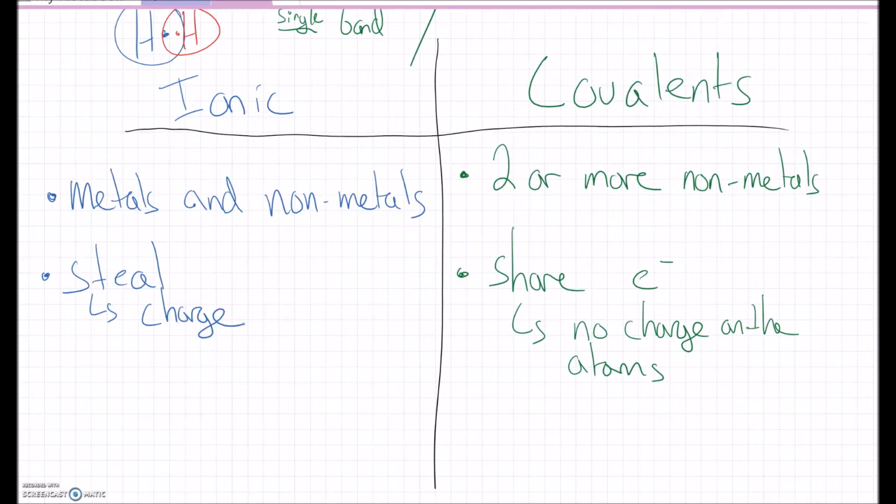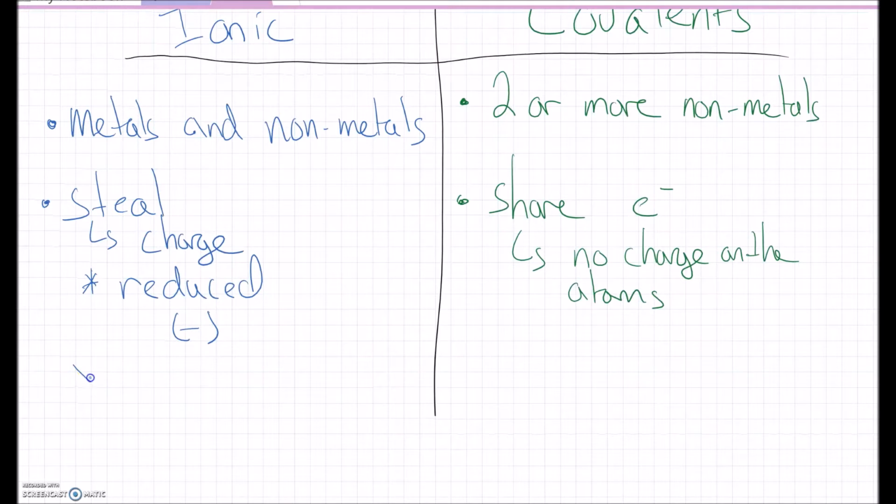The atom that gains an electron is reduced and becomes negative. The atom that loses an electron is oxidized and becomes positive, right?